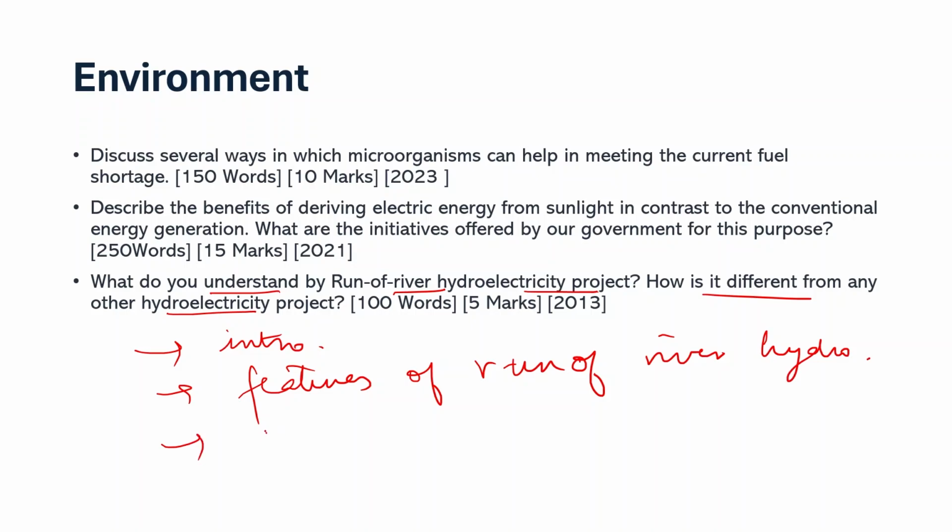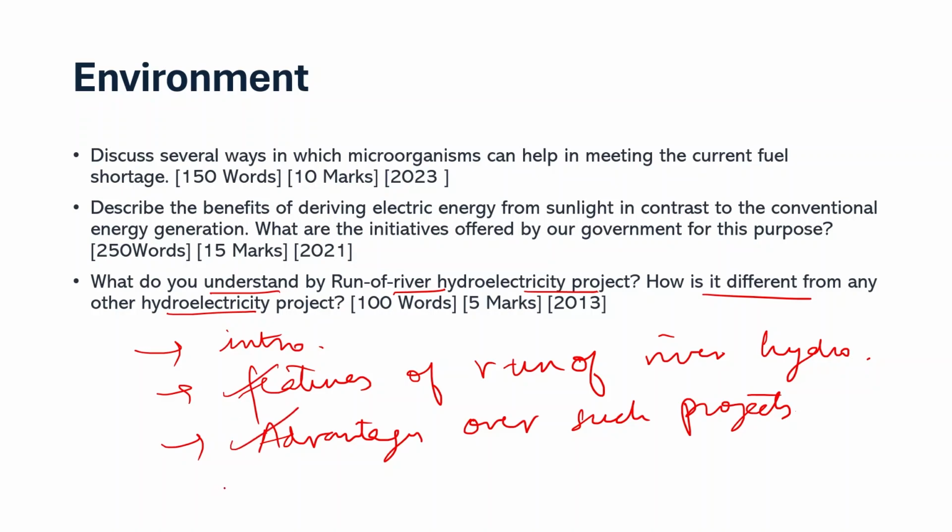Then you write about advantages of such projects over other projects, right? So here you are covering the first part of the question, here you are covering the second part of the question. Then if you want, you can write the challenges, or you can simply conclude, because this is only a 5 marks 100 words question. Back in 2013 it was asked, right? So you can simply conclude if you want after this.